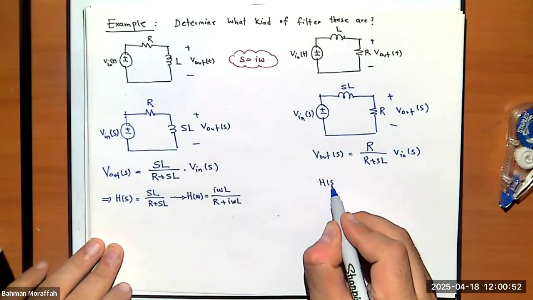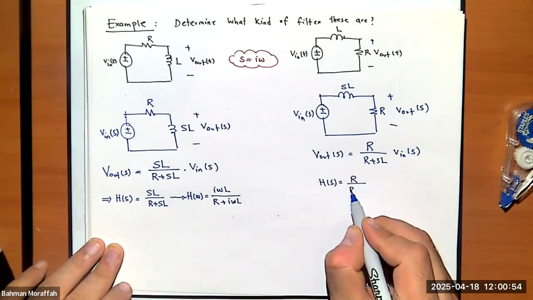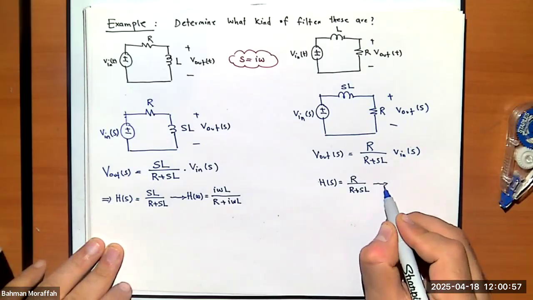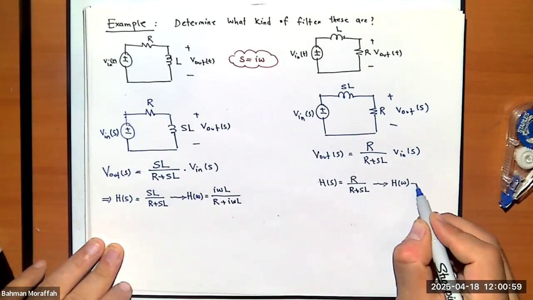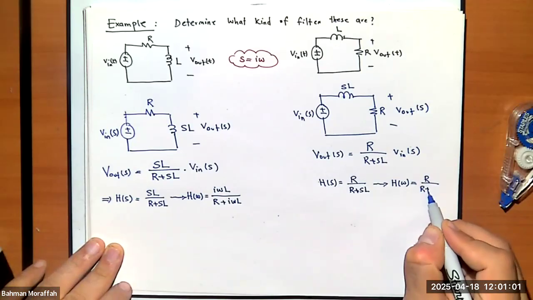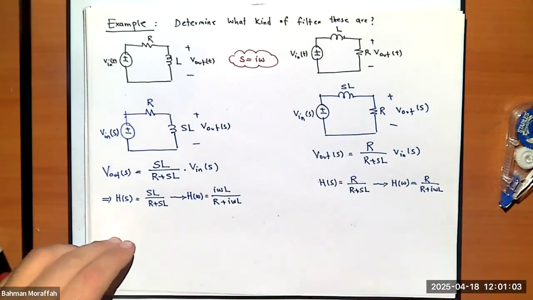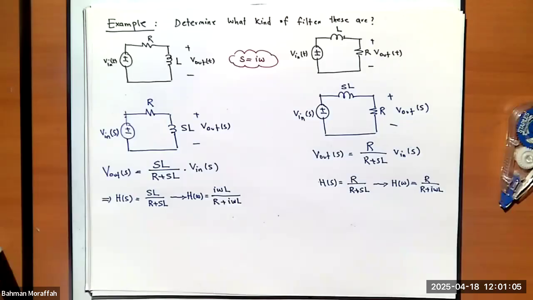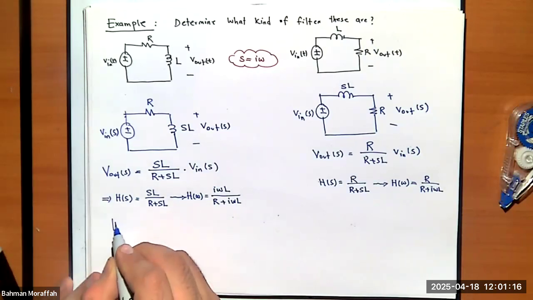In this case, H of s is R divided by R plus sL, which tells me H of ω must be R over R plus jωL. Right? To determine what kind of filter they are, I'll have to look at the absolute value of them. So what is the absolute value of this one?